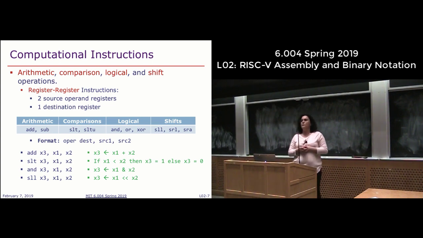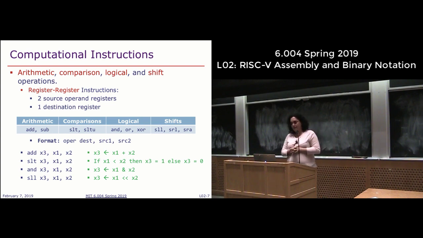So if I say add x3, x1, x2, the meaning of that is that I'm going to take the contents of x1, add it to the contents of x2, and store the result into x3. If I do a set less than operation with the same registers, it's going to compare x1 and x2, and if x1 is less than x2, then I'm going to set x3 to 1. If not, I'm going to set it to 0.